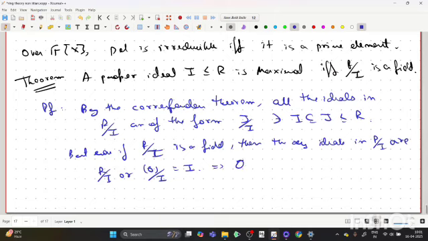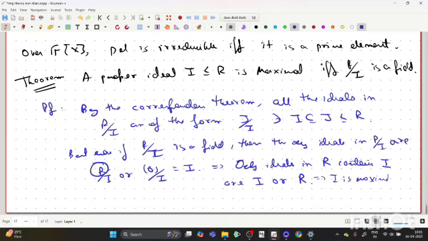This means that the only ideals in R containing I are either I itself or the whole ring R. So that implies that I is maximal, right? Because one of the ideals should be R and the other should be 0 mod I, but 0 mod I is equivalent to basically speaking about I.